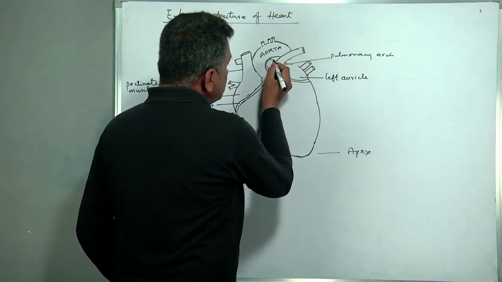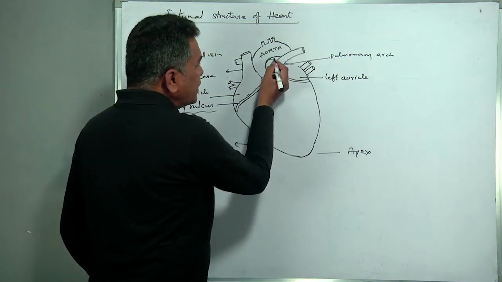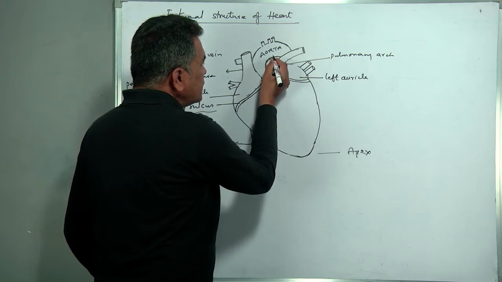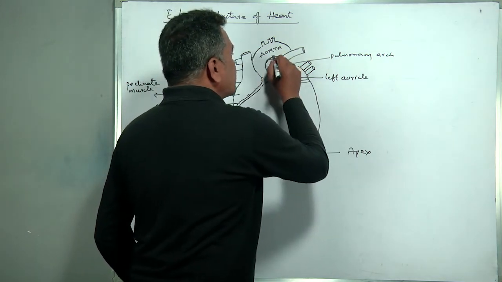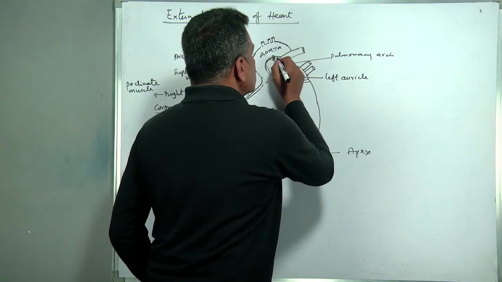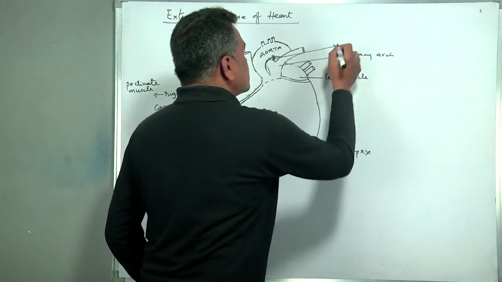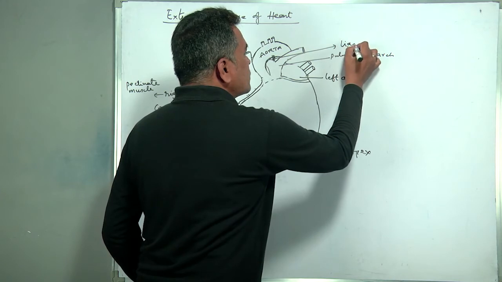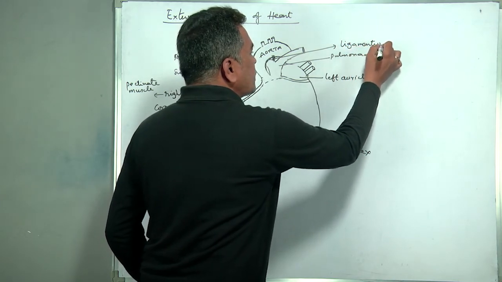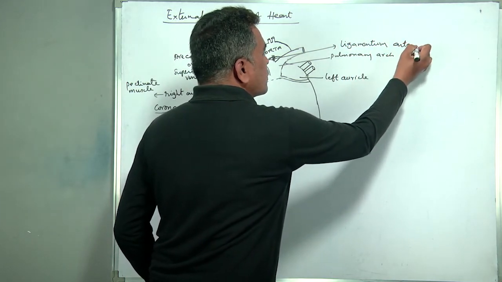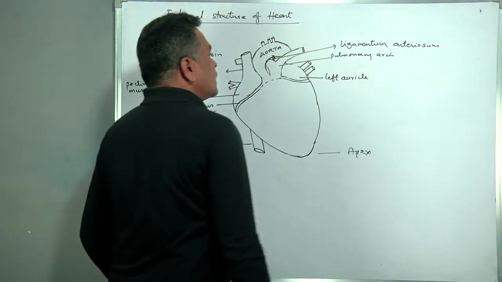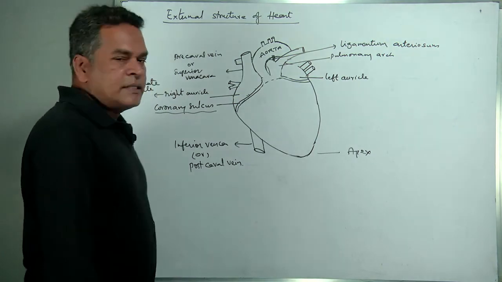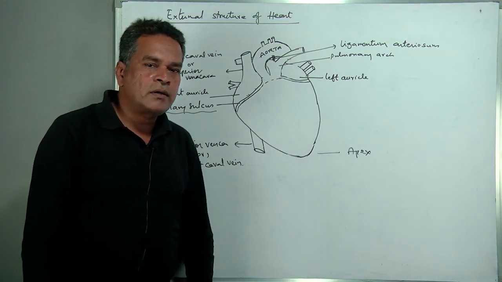At the branching point of the pulmonary arch, you find a ligament, which I call the ligamentum arteriosum. This ligamentum arteriosum is a remnant of the ductus arteriosus.